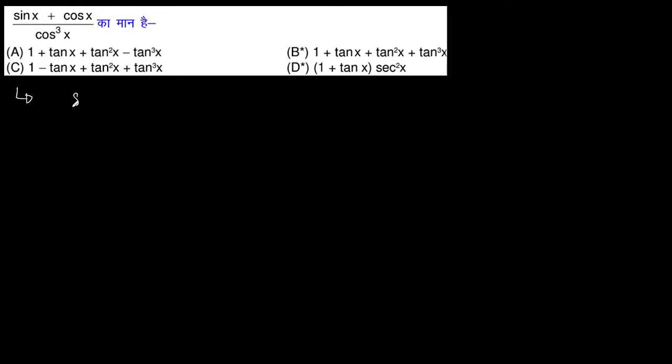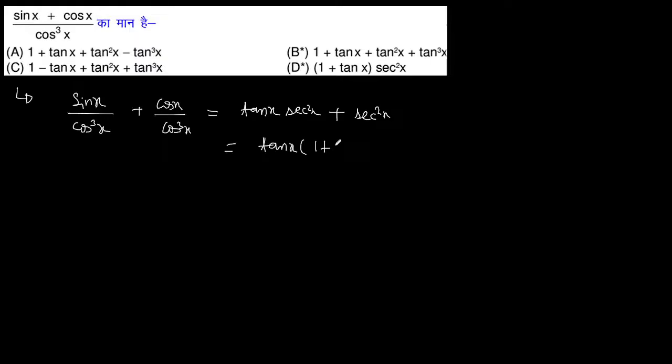So I think everyone can do now. It is sin x upon cos cube x plus cos x upon cos cube x. If you take it, it is nothing but tan x sec square x plus sec square x. It is further tan x (1 plus tan square x) plus (1 plus tan square x).